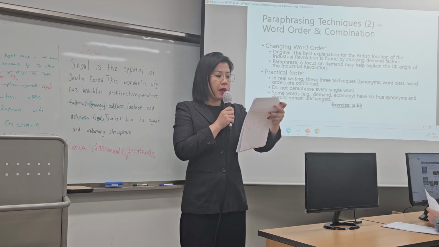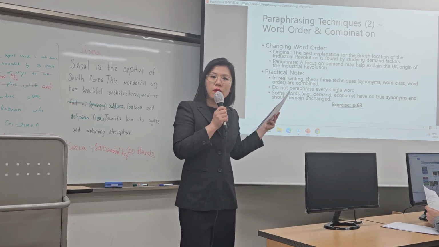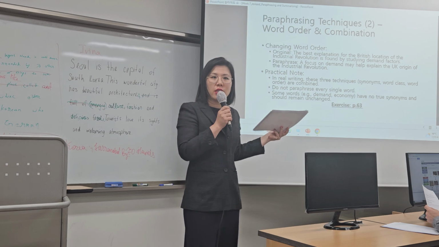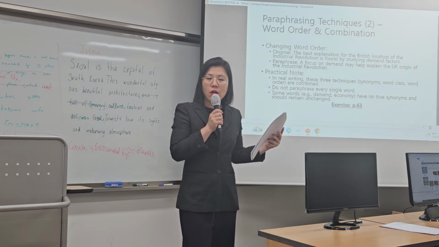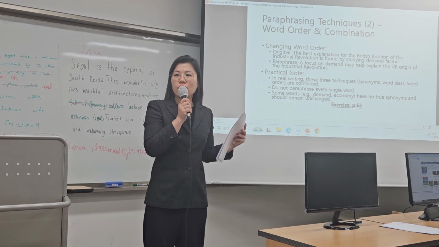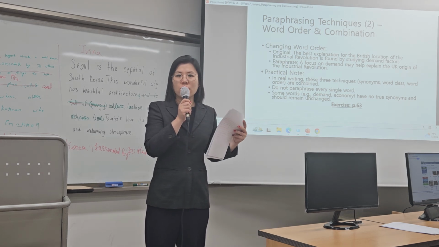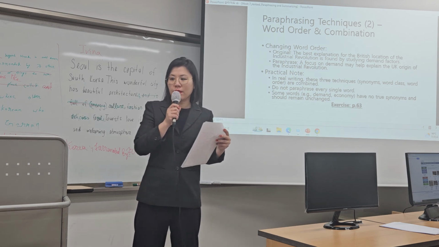You try to paraphrase this text using the techniques I mentioned: replacing some of the words with synonyms, changing active voice to passive voice or passive to active, or changing the word class. You can change an adjective into a noun, or a noun into a verb. So try to paraphrase this text. Okay, let's go.